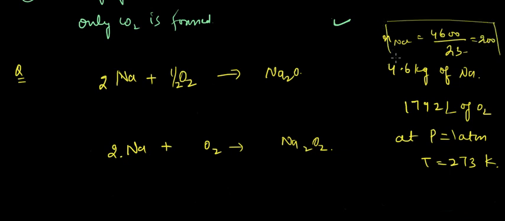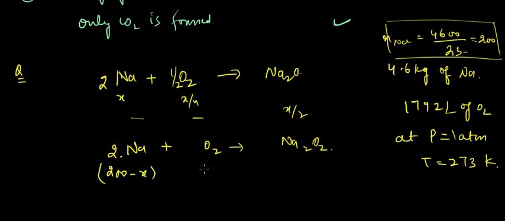Okay, so let's say x moles of sodium were used in the first reaction, so x by 4 moles of oxygen would be consumed here, and x by 2 moles of Na2O would be produced here. And in this reaction 200 minus x moles of sodium would be used, and (200 minus x) by 2 moles of oxygen would be used, and produced would be again (200 minus x) by 2 moles of Na2O2.